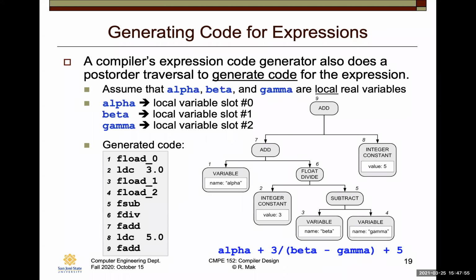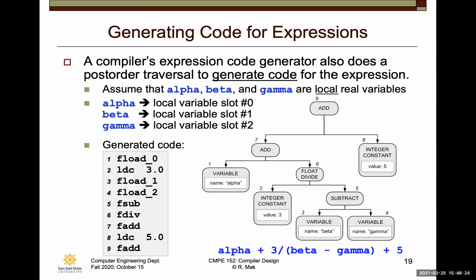As I said, data types, whether a variable is a local variable, in which case we use slot numbers, or is it a program variable, in which case we have to deal with getstatic and putstatic calls, and then we can name the variable in the instruction, as opposed to just dealing with slot numbers.